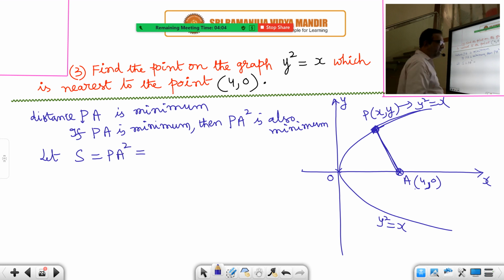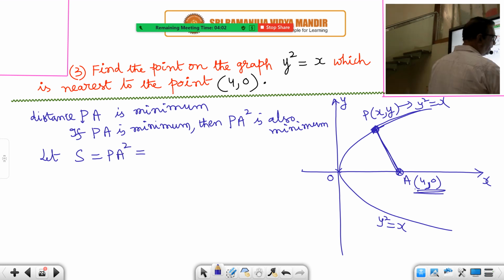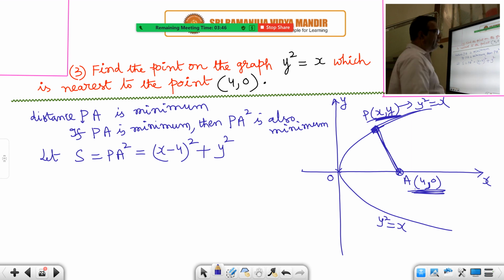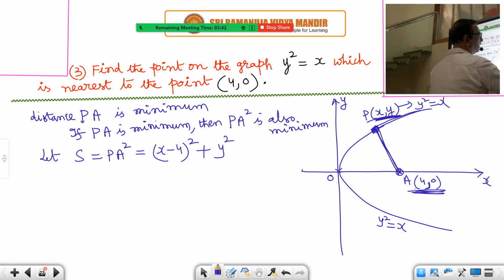What is PA square? Tell me. For the point 4, 0 on the x-axis and x, y on the graph, what is the distance whole square? Difference of x coordinates, x minus 4 whole square, plus y minus 0 whole square, means y square. But here we can use this point.